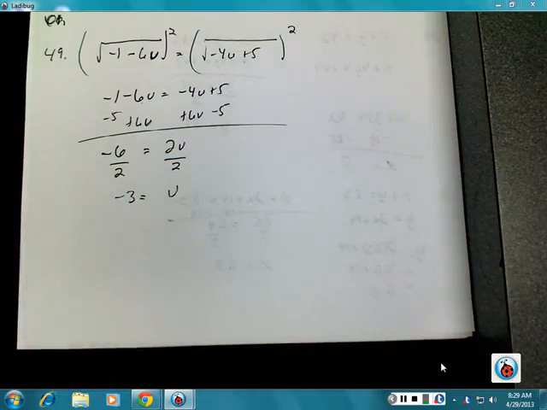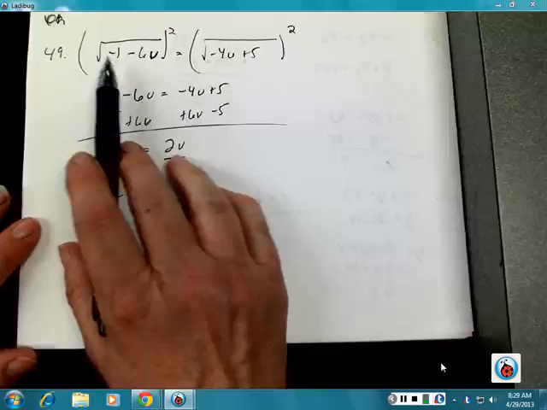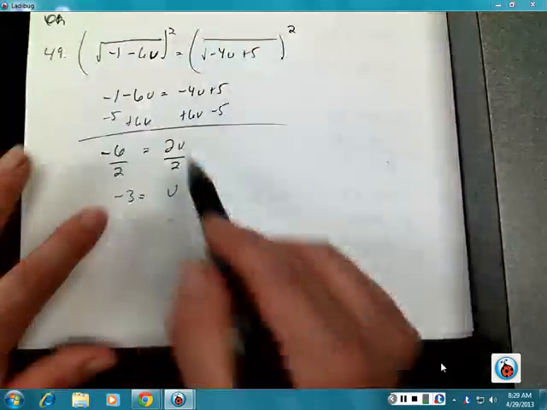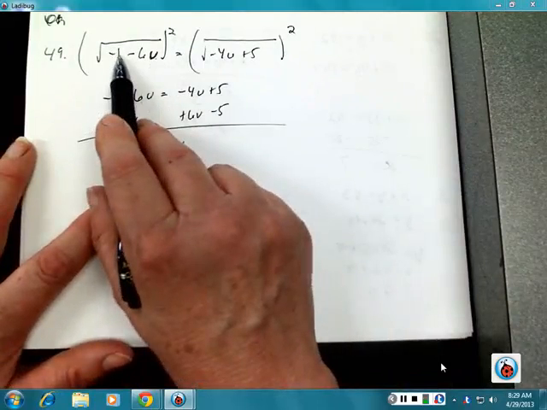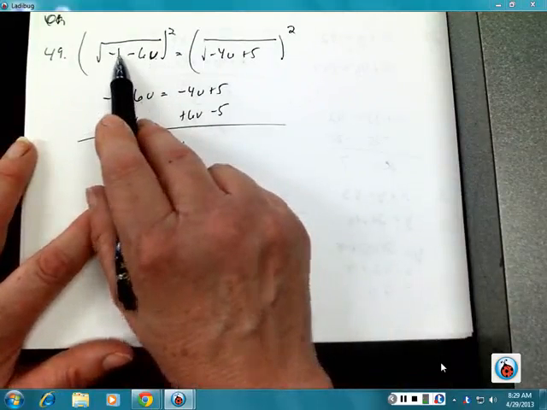Now, I need to be really careful with this because what can I never have under my radicals? Even though I come up with an answer, sometimes I have to go back and make sure it doesn't give me a negative under here. So -6 times -3 is positive 18. Positive 18 minus 1 is a positive 17, so I'm good.